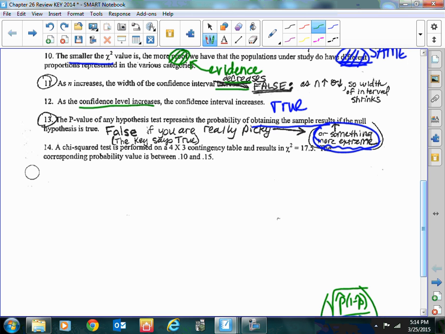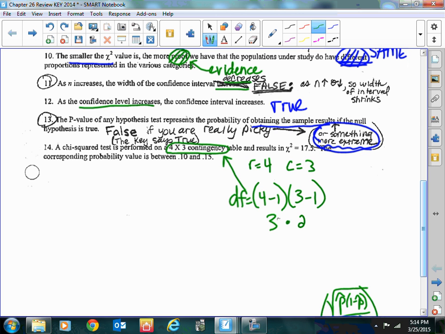This right here is telling you the degrees of freedom, and the degrees of freedom would be the rows is 4 and the columns is 3. So 4 minus 1 times columns minus 1. That would be 3 times 2. So that is a degrees of freedom of 6 and a chi-squared value of 17.5.